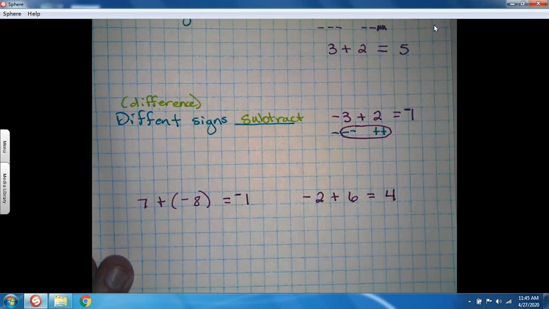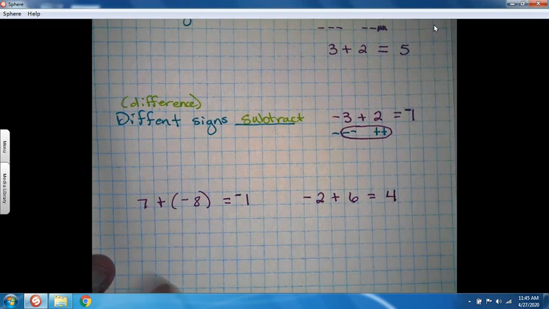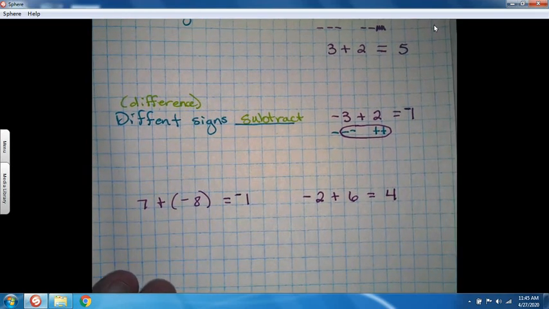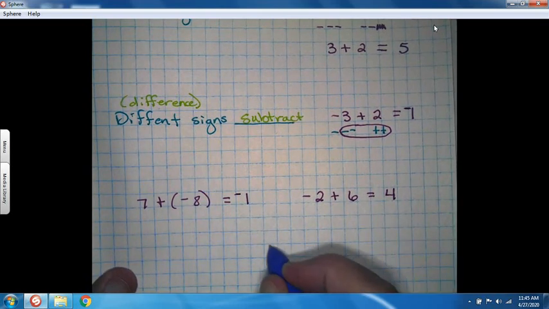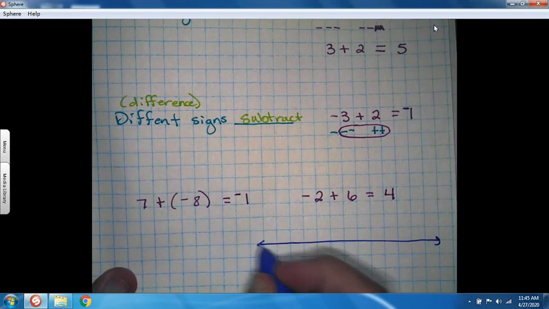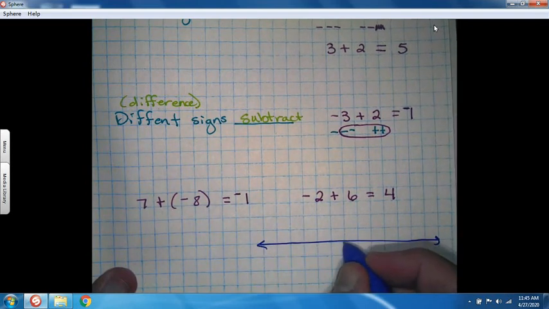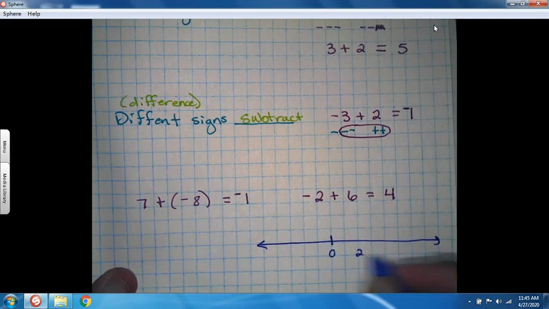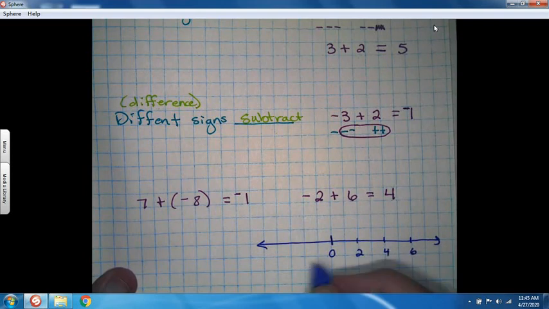You can do it on a number line too. So let's take a look at this one on a number line just so that you can see it. Okay, 0, 2, 4, 6, and negative 2, negative 4.